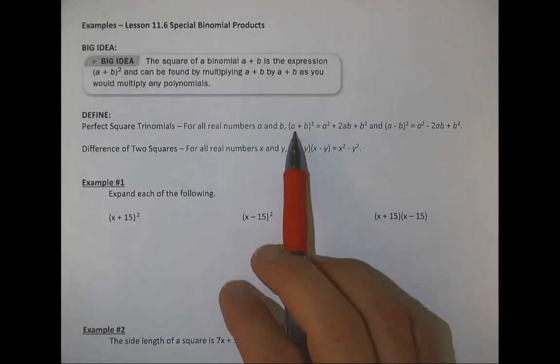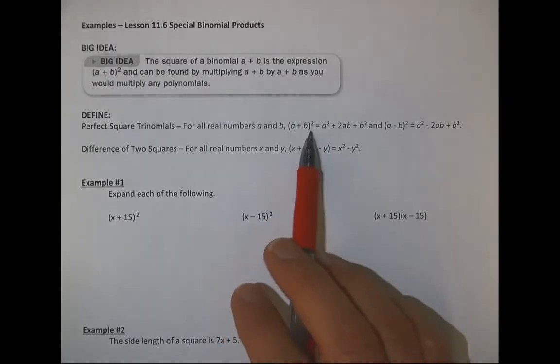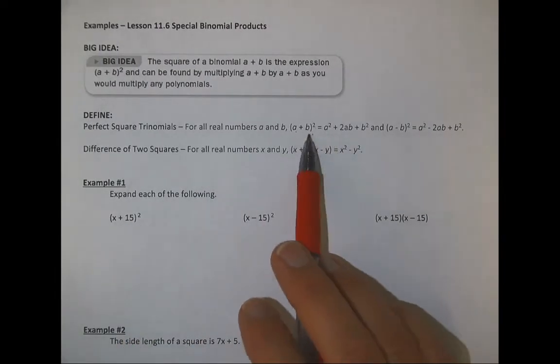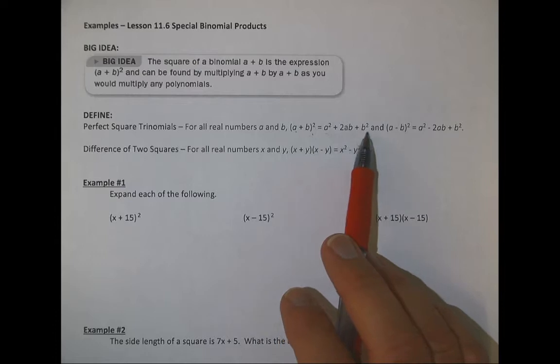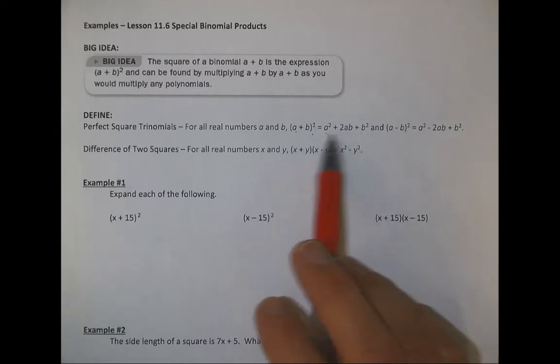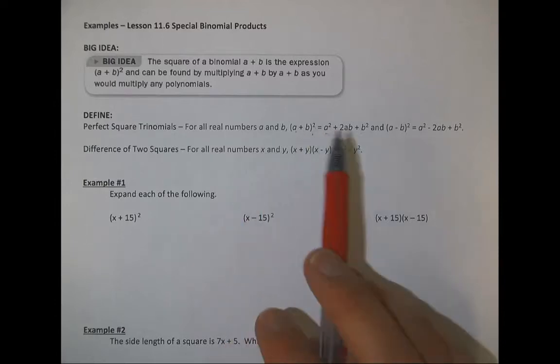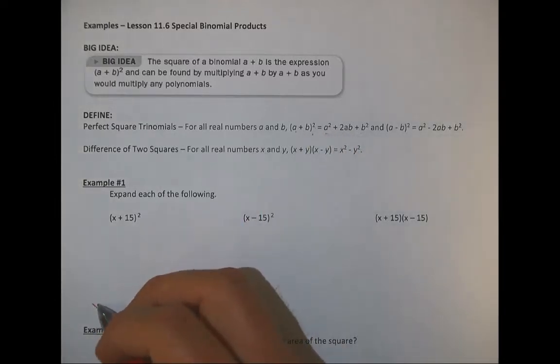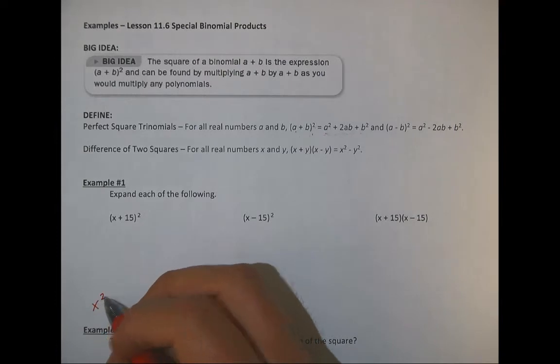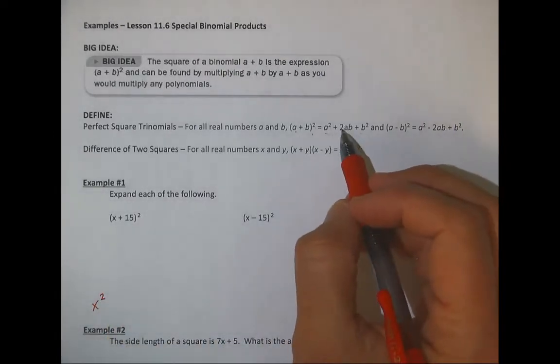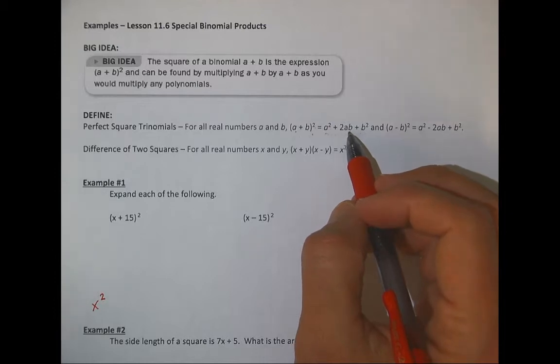It's going to set up this specific equation. So if I have a plus b, so x plus 15, squared, my final answer is going to look like this. Let's examine this for a second. We're going to have a squared, so we're going to end up having x squared in the front. According to this rule here, we're going to have 2 times a times b.